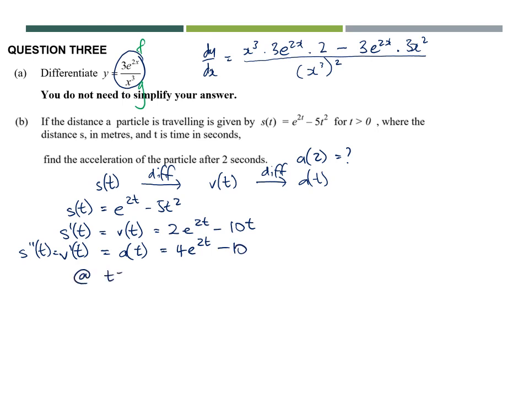At t equals 2, acceleration of 2 is 4 lots of e to the power of 2 times 2, which is 4, minus 10. I don't have a calculator on me, sorry, to answer that, but put that into your calculator and I'll give you an answer in a couple of slides.